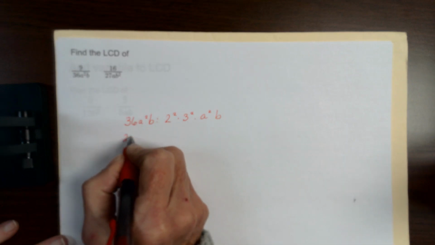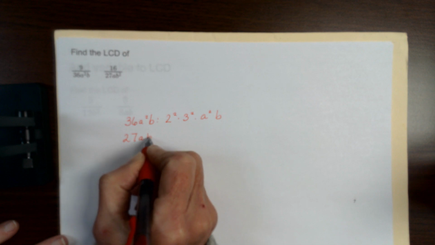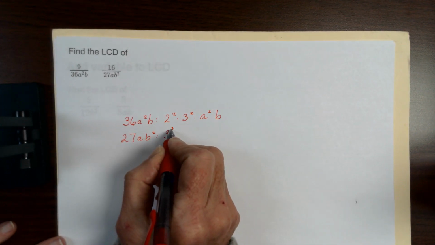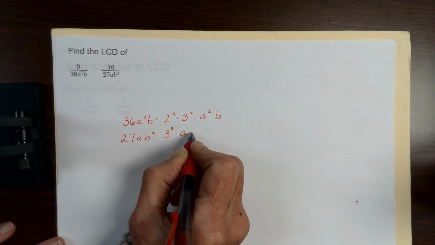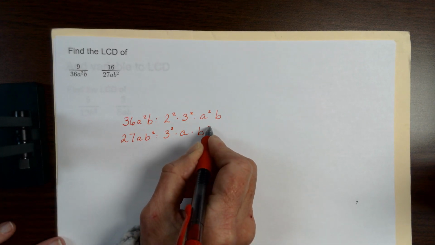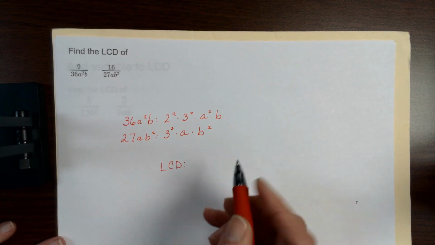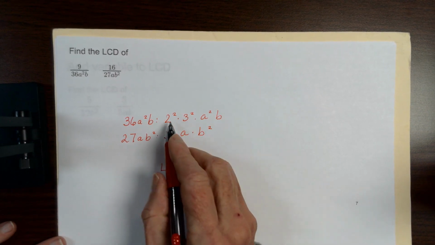Then if I do 27 a b squared, I'm going to have 3 to the third power times a times b squared.